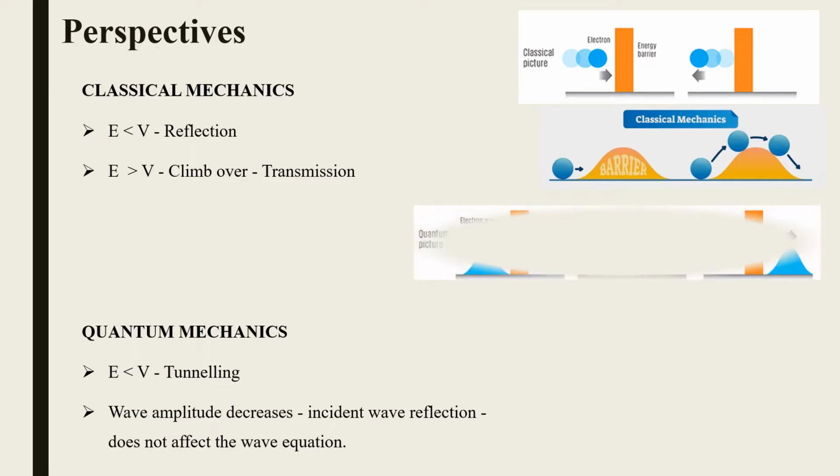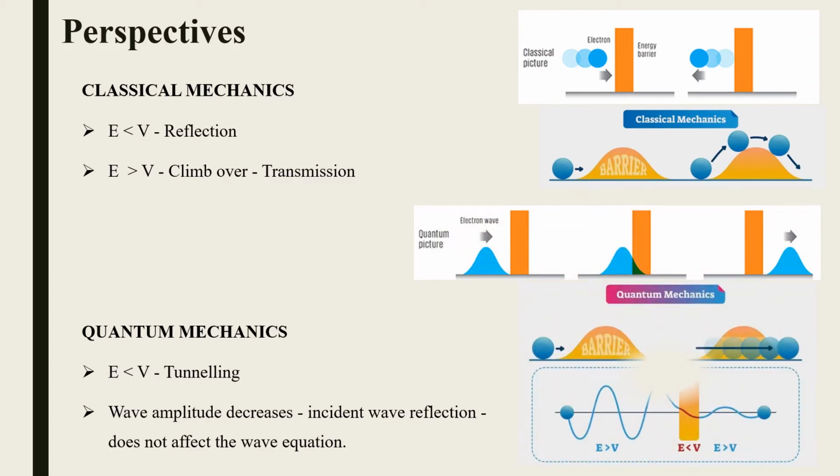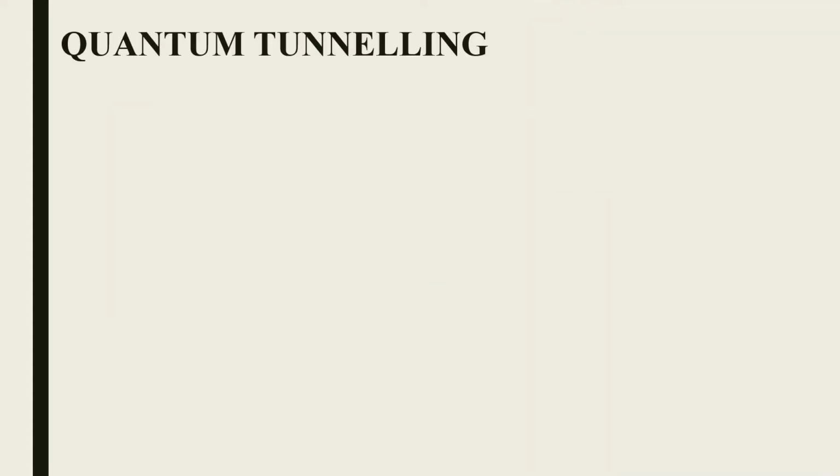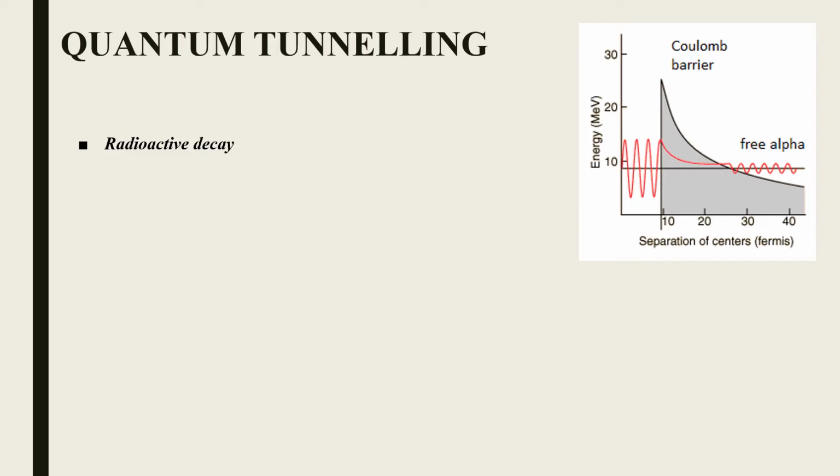The act of tunneling decreases the wave amplitude due to reflection of the incident wave when it comes into contact with the barrier but does not affect the wave equation. This amazing property of microscopic particles plays an important role in explaining several physical phenomena including radioactive decay.